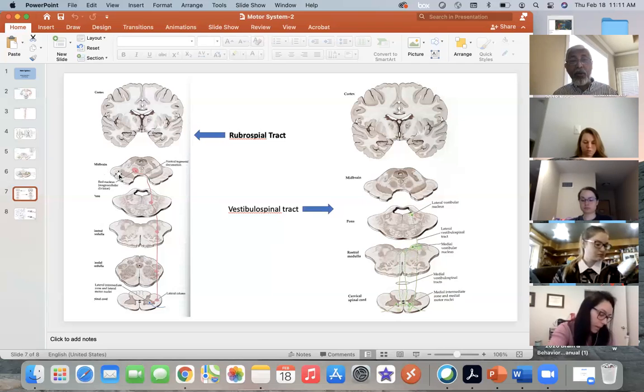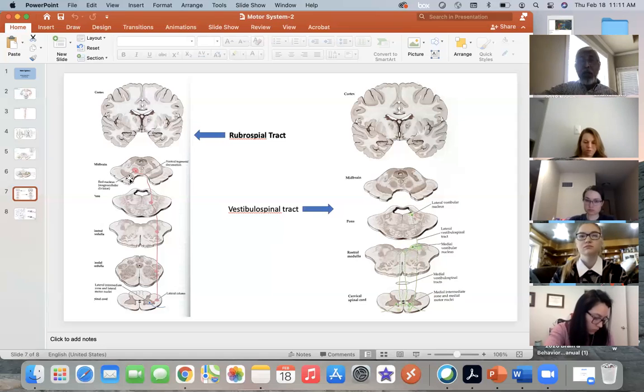Okay? And rubrospinal will act along with the medullary reticular formation, the medullary reticulospinal tract. So posture is something very important for any motor movement, and as I said, vestibulospinal will keep you upright and rubrospinal will let you sit down. It will control the tone of the flexor muscles.